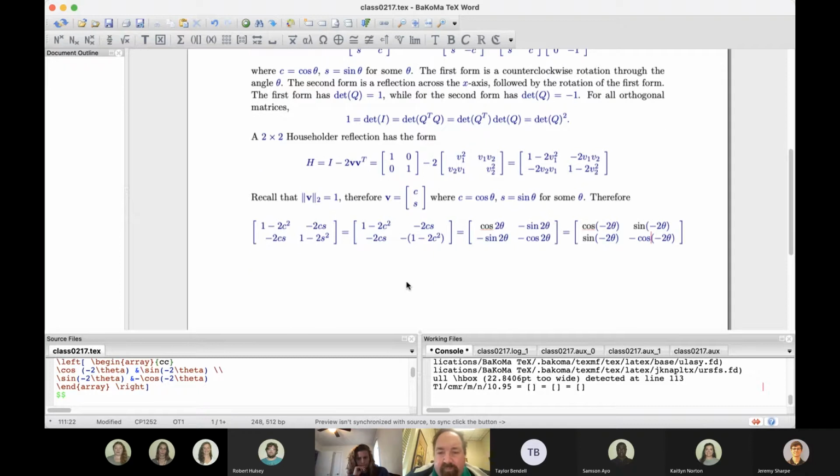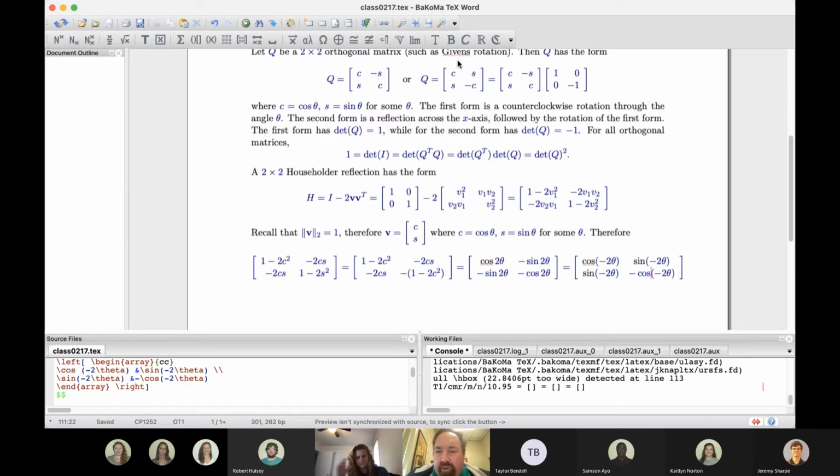So I could think of it that way, and then it fits this form exactly for whatever angle 2 theta here. So we can see that Givens rotations fit the first form, Householder reflections fit the second form.